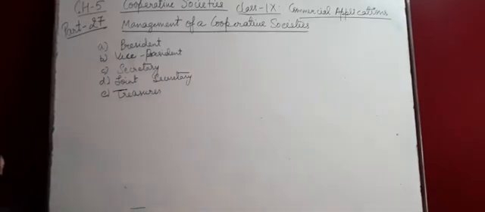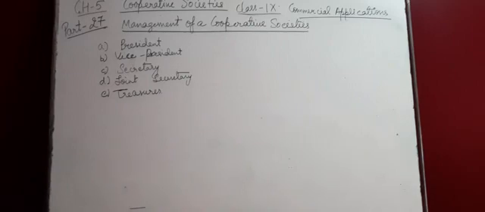Okay, so these are the office bearers, and they are elected from among themselves. So this is the management of a cooperative society. The general body of the shareholders lays down the broad objectives and policies of the cooperative society. The managing committee determines detailed programs and procedures of the society.